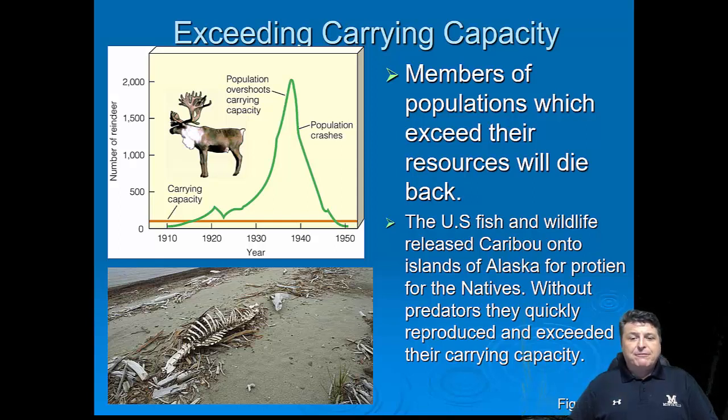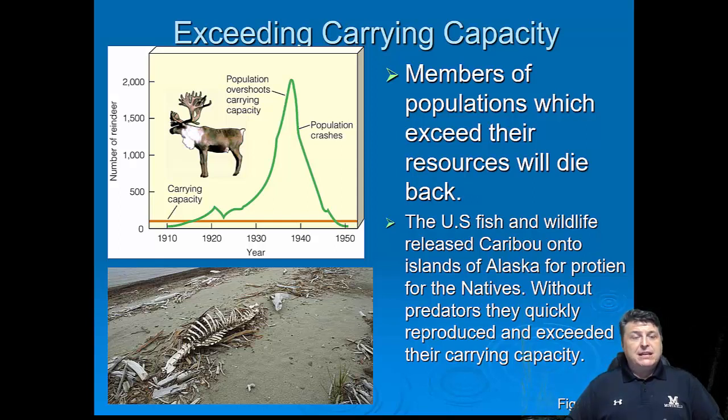The U.S. Fish and Wildlife released caribou into these islands that were found in Alaska because they wanted to provide a protein source for the indigenous peoples that lived there, because it was very difficult to constantly be bringing resources from the mainland to the peoples. So they thought it'd be a great idea to put a small population of caribou onto this island.